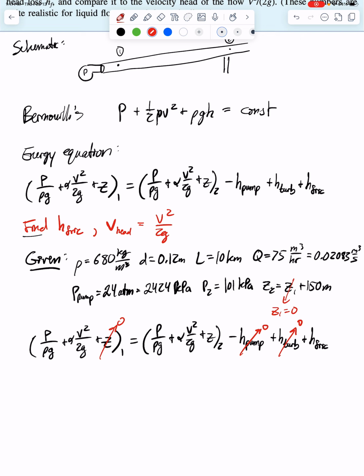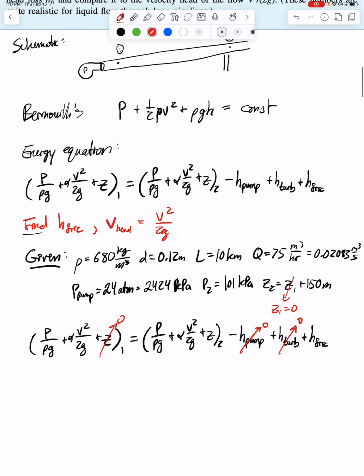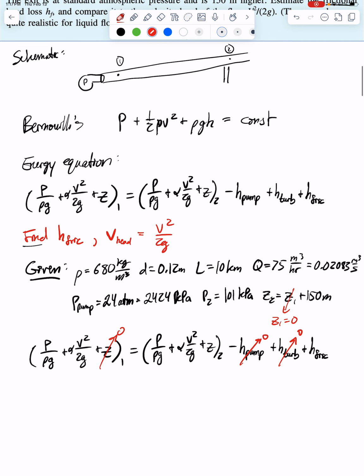The pump provides the pressure that drives the flow from location 1 to location 2. But because it's before location 1, we do not have to account for it in our energy balance equation. In fact, P pump is just P1 because location 1 is right in front of the pump. And the last thing I want to mention is that we're given that the volumetric flow rate for the oil as it goes through the pipe is 75 cubic meters per hour.